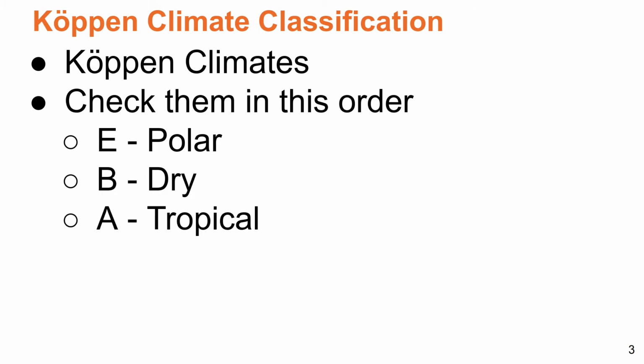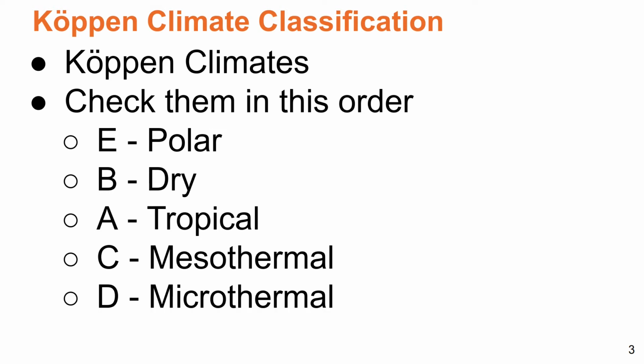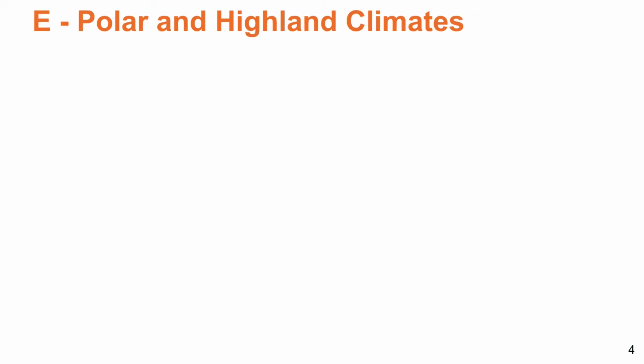If it's not a dry climate, then you just keep rolling. Is every month over 18? If it is, congrats, you found a tropical climate. If not, got to keep looking. Is the warmest month over 10 and the coldest month over freezing? If so, it's a mesothermal. If the coldest month is below freezing, it's a microthermal. If it's not, you did something wrong, go back to the beginning, start over.